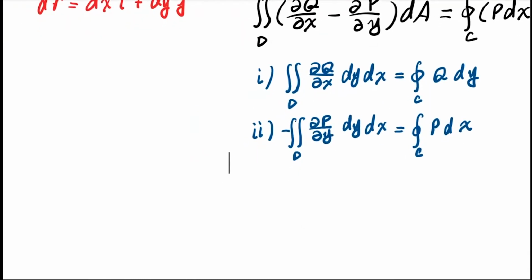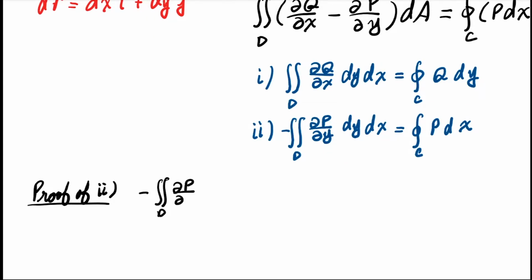Okay, so let's prove it. Proof of statement 2. Okay. Now, I'm going to start with that thingy: negative double integral over D of partial P over partial y, and then dy, and then dx is what I'm starting with.